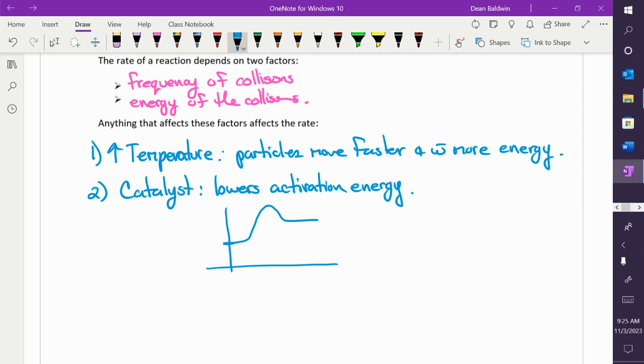There. So there's your endothermic reaction. If you add a catalyst, this is the catalyst, it lowers the height that you have to get over. So instead of having to go all the way to here, now we just have to get to there. So it takes less energy. So the reaction speeds up.